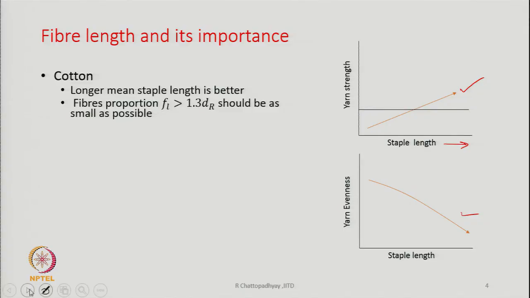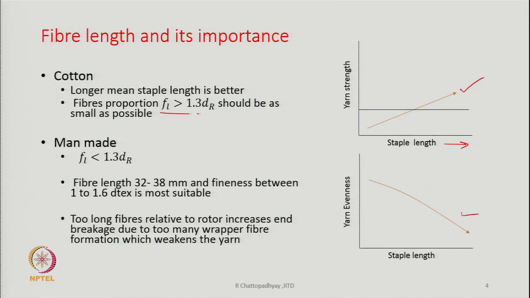Fiber proportions should be as small as possible. Which fibers? Fibers greater than 1.3 dr, where dr is the rotor diameter. These fibers, that means fibers longer than 1.3 times the diameter, should be as small in proportion as possible.